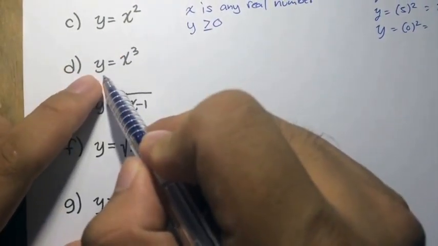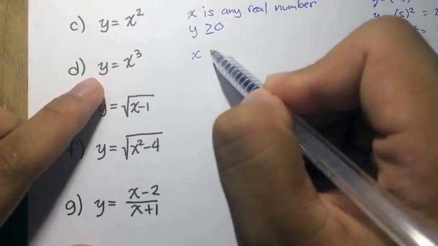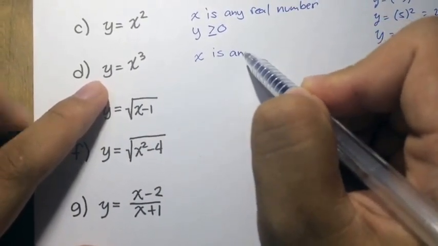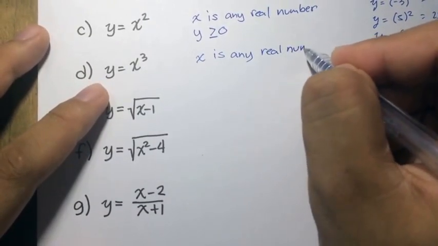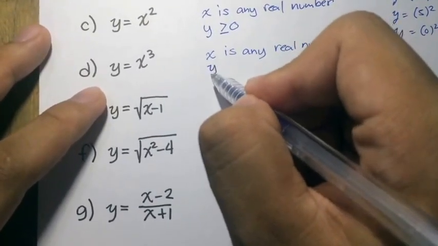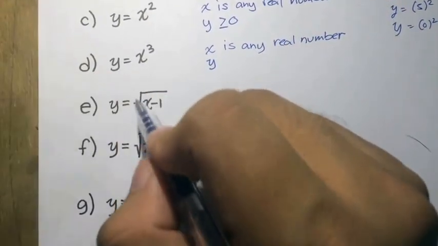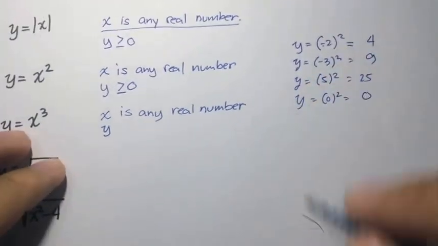Now, for letter D, y is equal to x cubed. Again, I can take the cube of any real number. So x can be any real number. That is the domain of my function. Now y, the range: if I cube a negative number, I get a negative number.